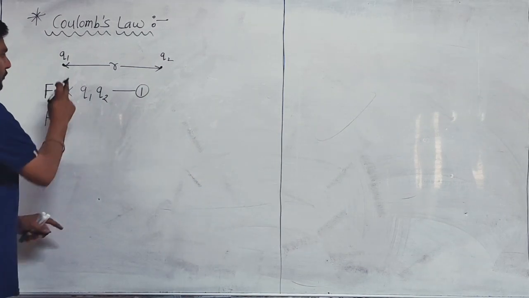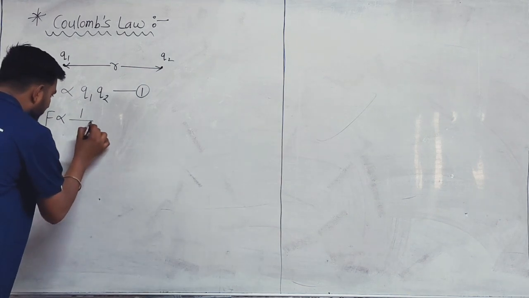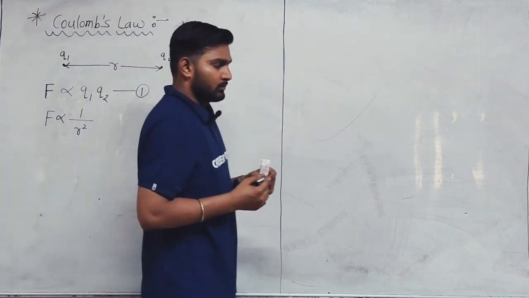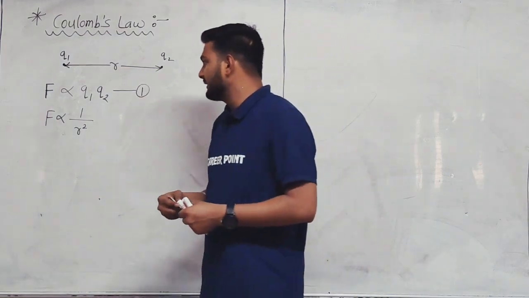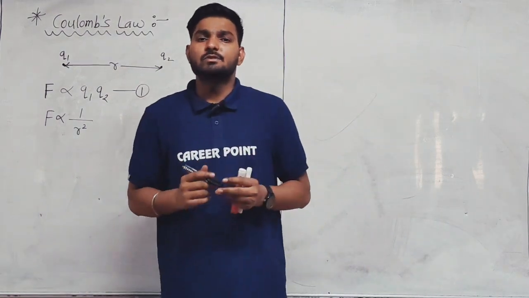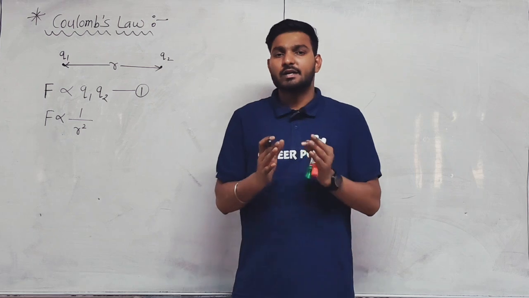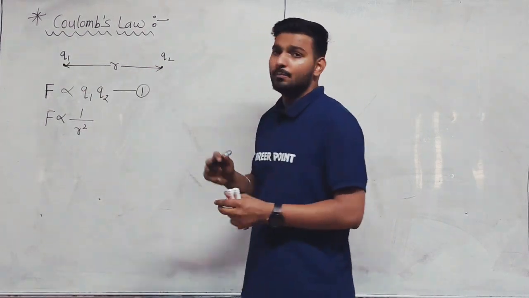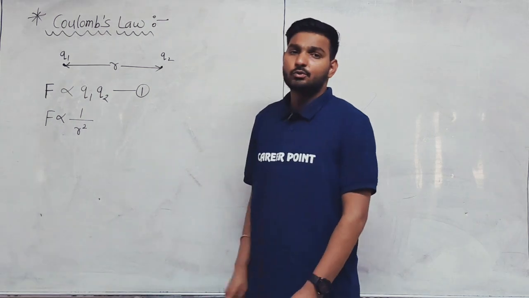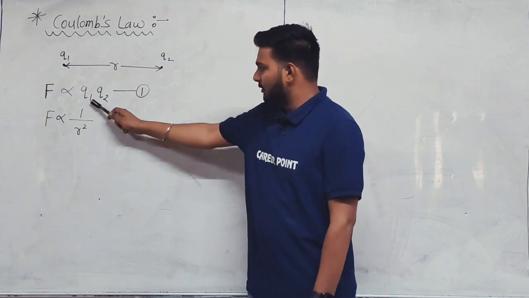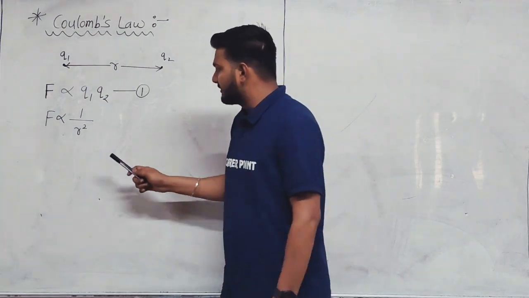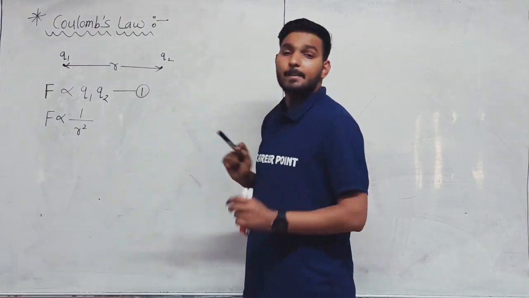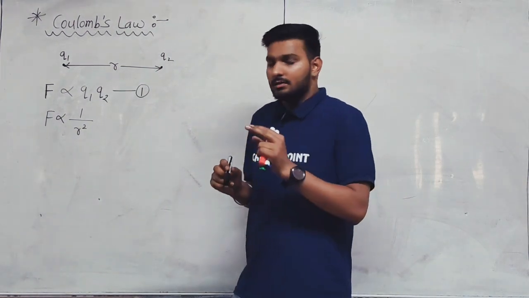And this force is inversely proportional to the square of separation between them. Again I am repeating: according to Coulomb, the electrostatic force between two charges q1 and q2 is directly proportional to the multiplication of these two charges and inversely proportional to the square of separation between them. This is Coulomb's law.